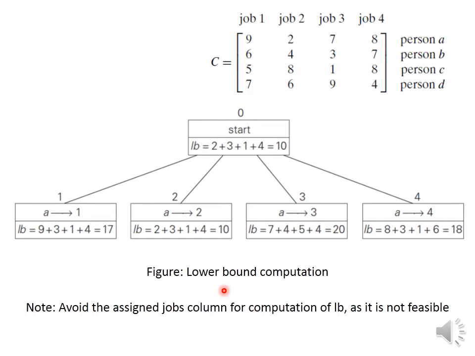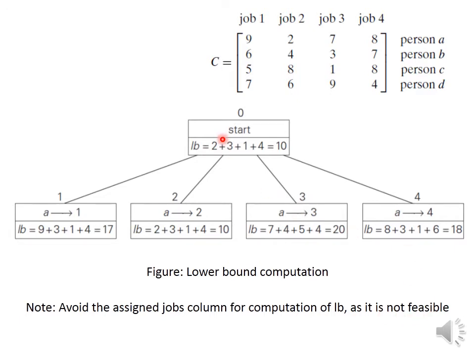Lower bound computation is the crucial job in the branch and bound process. You need to understand this process clearly, then only can we understand the whole process completely. As a note: avoid the assigned jobs' column for the computation of the lower bound, as it is not feasible in the future.